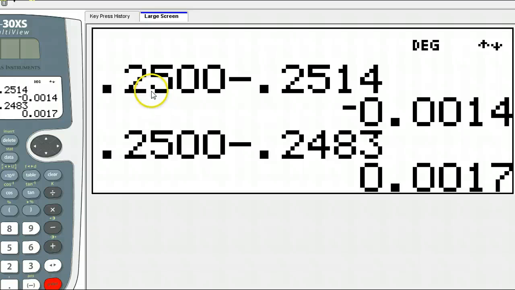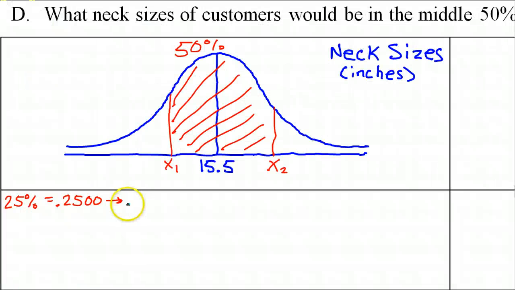If you do 2500 minus 2514, you see that that's 14 away. If you do 2500 minus 2483, you see that's 17 away. So that's further away. The 14 is closer, so we'll use the 2514. So 0.2514 is closest.